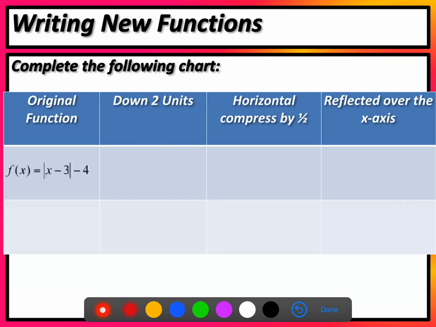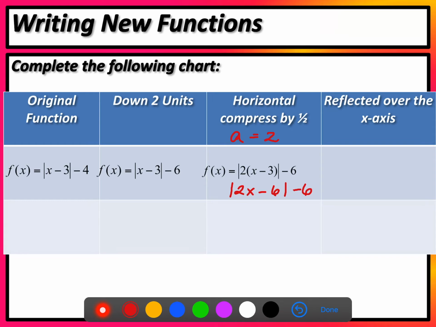In order to horizontally compress by 1/2, a horizontal stretch or compression uses the reciprocal. So we should really be using an a value of 2 here. If I apply a horizontal compress inside, I'm using a 2. Anything that applies on the inside, you're using parentheses.